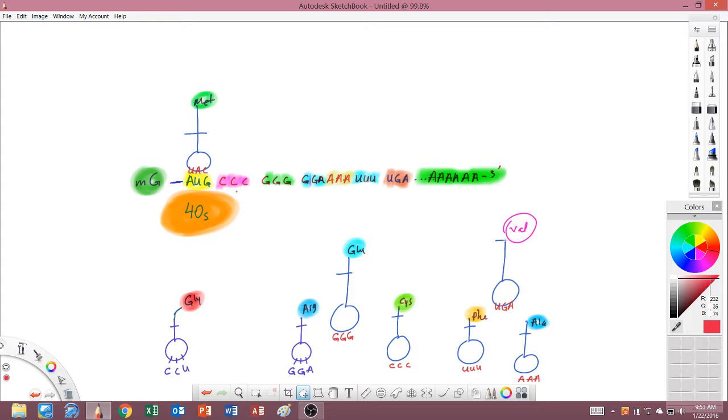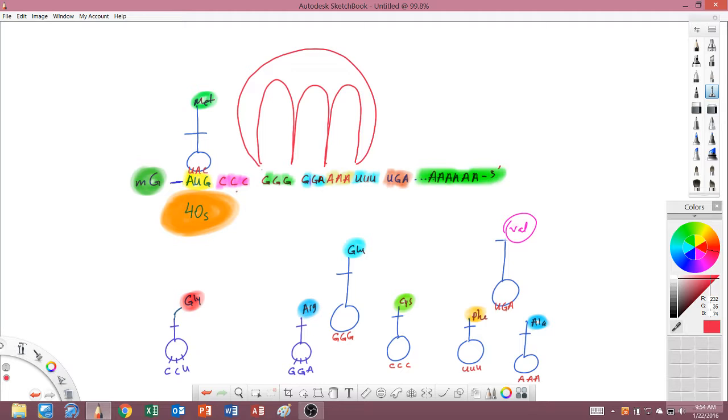Let's make the large subunit right here. I want to make it so that it fits 3 at a time. They're tall. 1, 2, 3. I'm just drawing it, just to give myself some room. There you go.